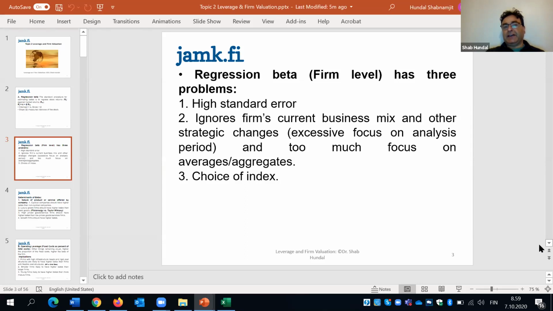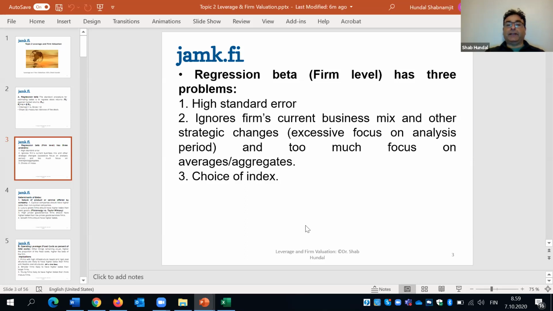It could then be that the explanatory power of the model, the relationship between the stock return and the index return, is not very authentic or objective. That is a limitation of the regression beta.